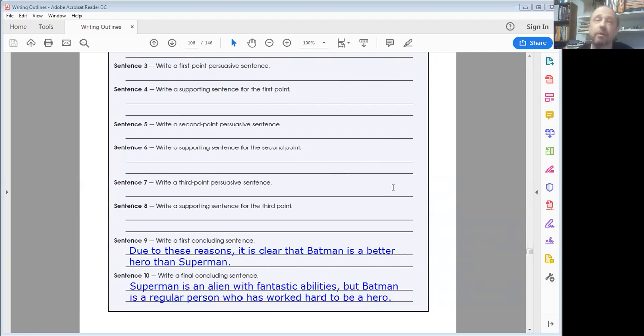I look for things that I could have written better. I look for things that maybe I should have included that I didn't, or things that I did include that I shouldn't have. And then after I've made all of those revisions and edits, I rewrite my rough draft, and boom, there's my final draft, and I'm done with my 3-point persuasive paragraph.